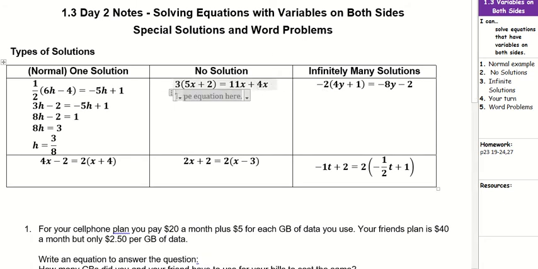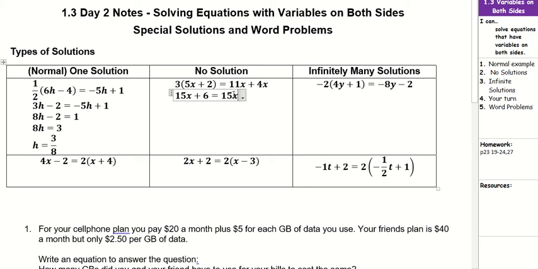So I have 15x plus 6 equals 11x plus 4x, which I can combine like terms because they both have x's to get 15x. If the x wasn't on this 4, I couldn't combine like terms, but since they both have an x, I can combine like terms. So I have 15x plus 6 equals 15x.